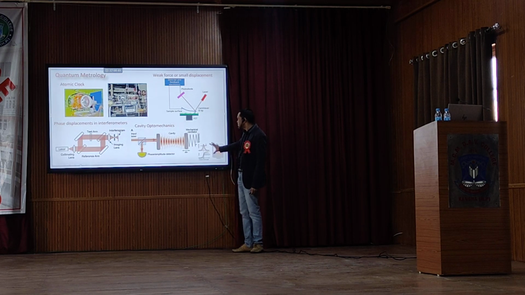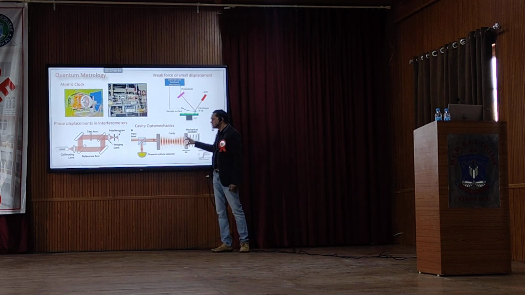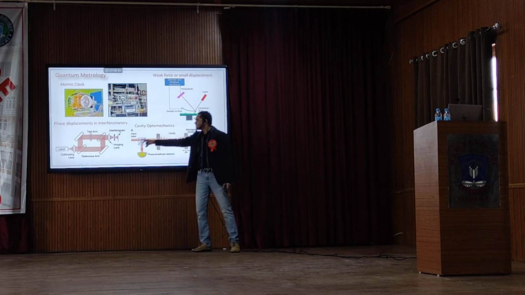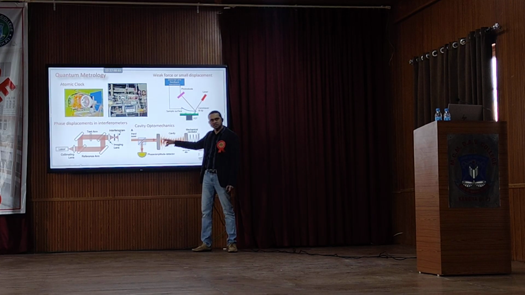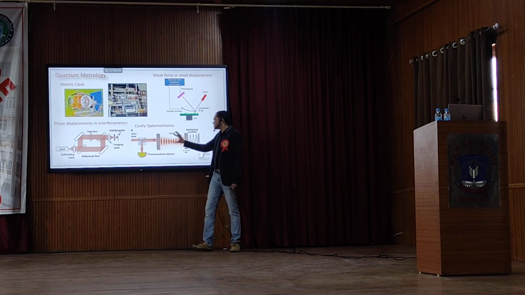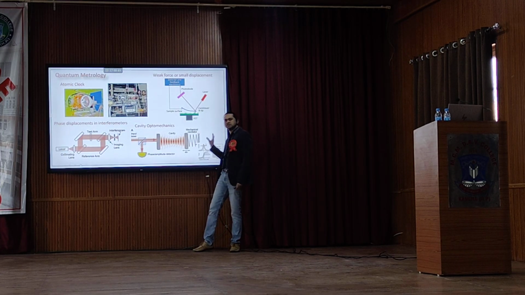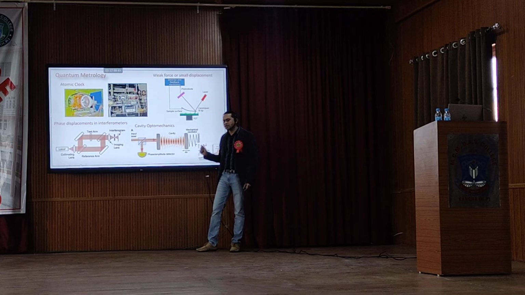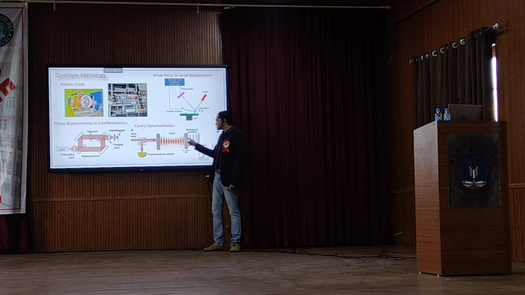You see, this is a cavity. Once the laser is coming and passing through this, the laser light can keep on reflecting. For any laser action, we need a cavity, and once there is sufficient intensity, it comes out, and that gives you the laser. Now you see this part of the wall of the cavity is vibrating.